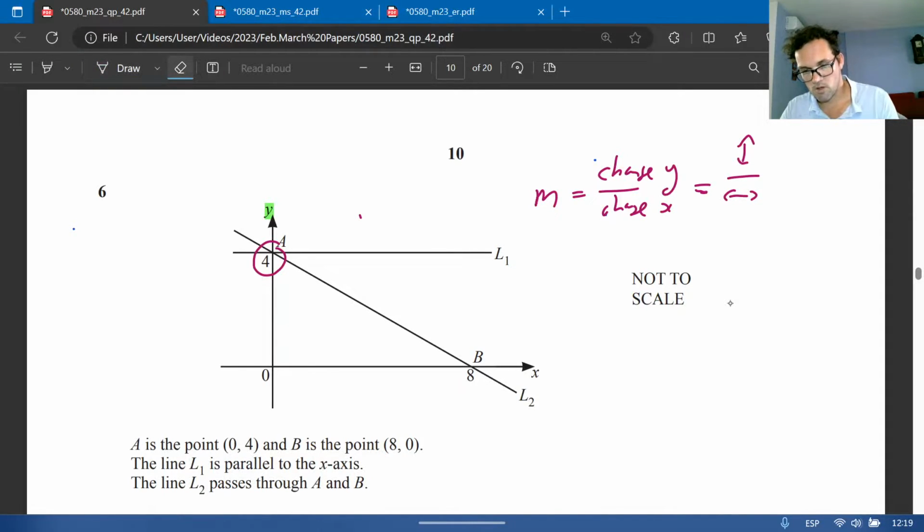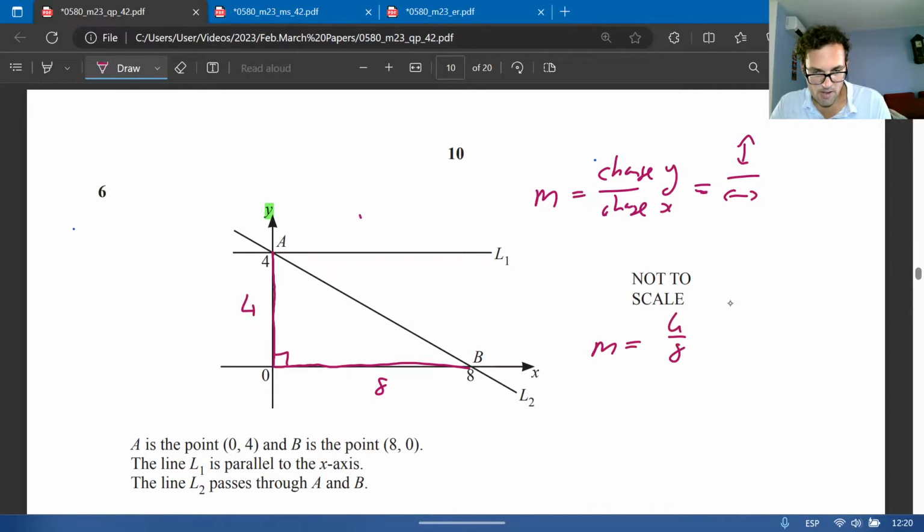Okay, so looking at that, the up and down, if we draw a triangle, up and down is 4 and the left and right is 8. Nice. Okay, one thing though is to be careful here. So we could say the gradient is 4 over 8.